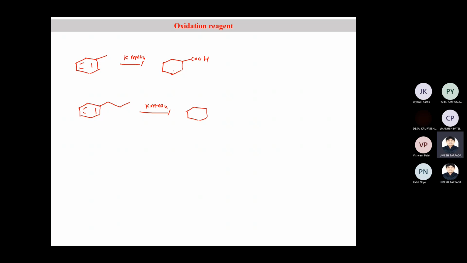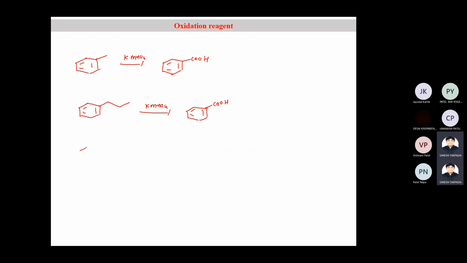But from that, of course, this is the application. Toluene gets converted to, this is toluene. So when you use KMnO4, it gets converted to benzoic acid. If you have propyl benzene, then if you do oxidation, it is converted to carboxylic acid with the loss of carbon atom.